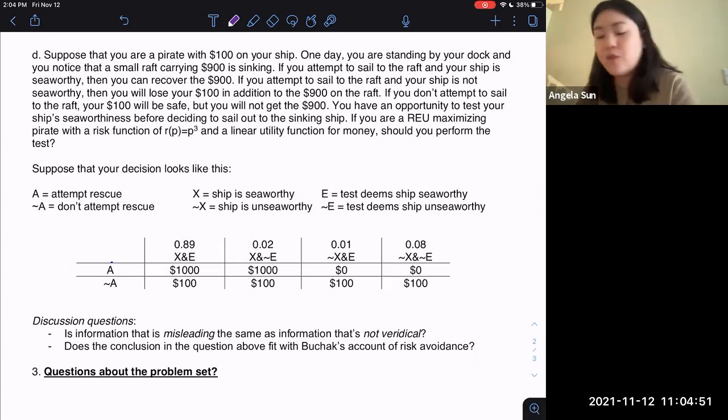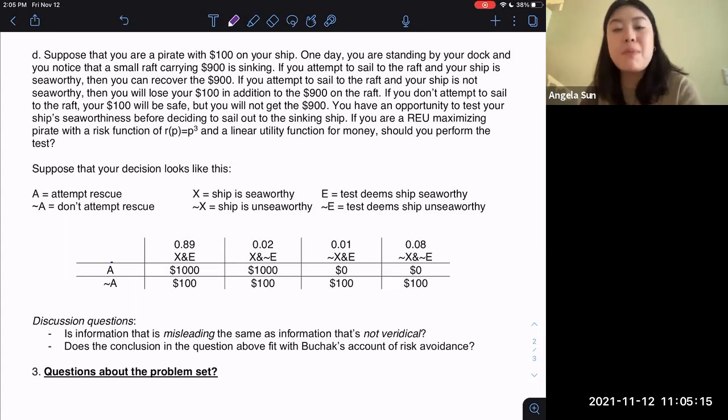Okay, so we're asked whether we should perform the test, right? So whether performing the test has a greater expected utility than not performing the test. This question starts out much like other questions where we would calculate the value of doing an experiment. First, we want to find the expected utility of not doing the experiment. Then we're going to calculate the expected utility of doing the experiment.